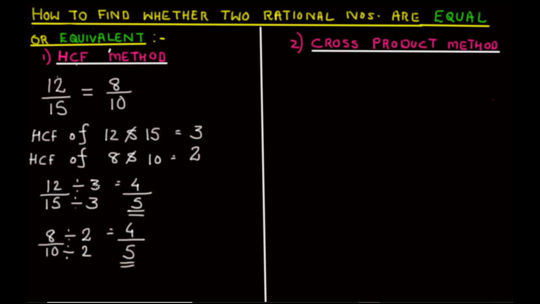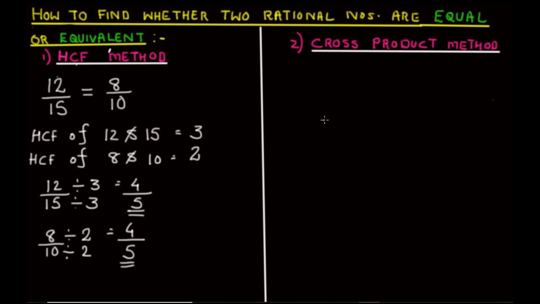Now divide 12 and 15 by the HCF and you get 4 by 5, and the HCF of 8 and 10 is 2. Divide the numerator and the denominator by 2, thus we get 4 by 5. So we say that 12 by 15 is equivalent to 8 by 10. Now this is the HCF method.